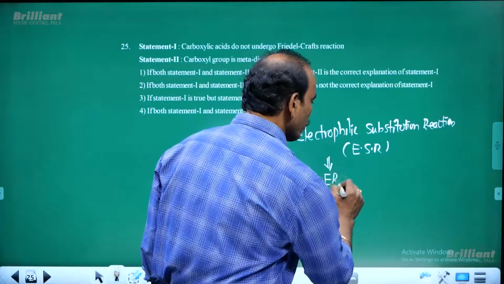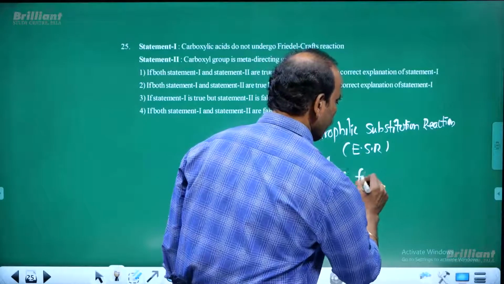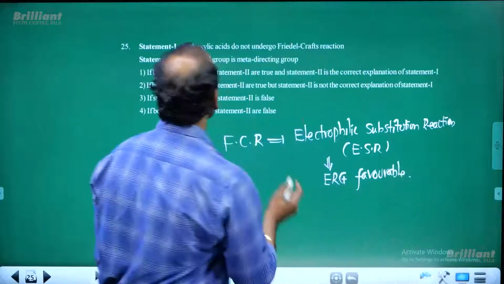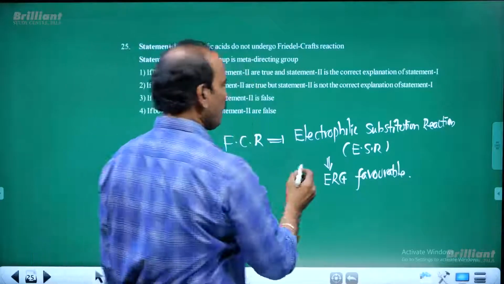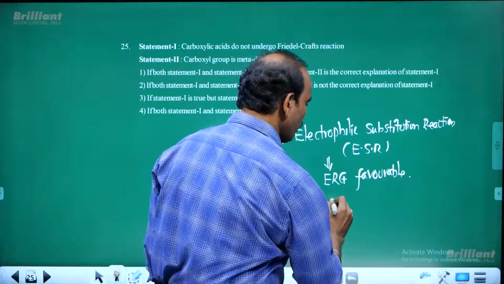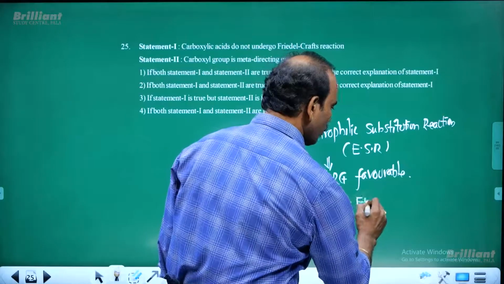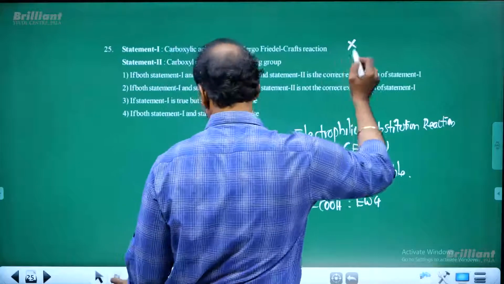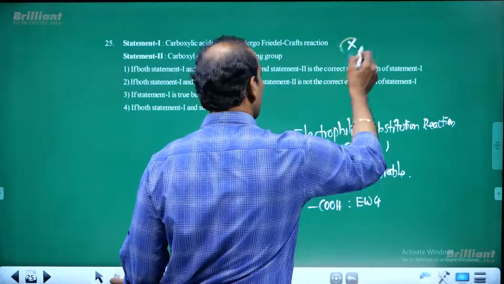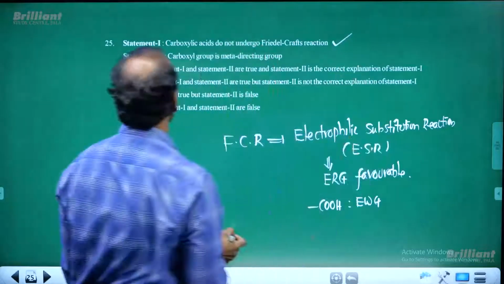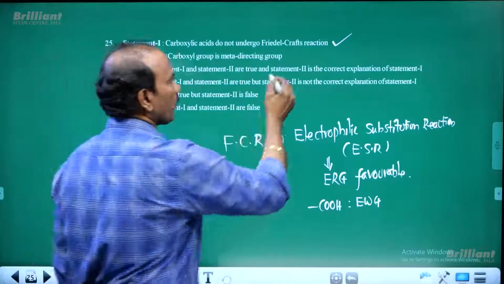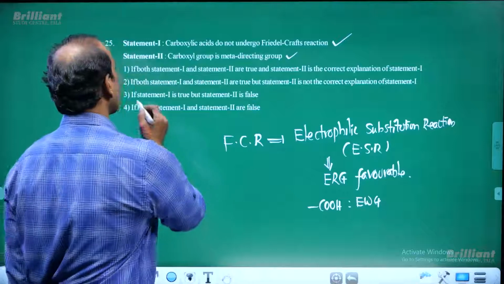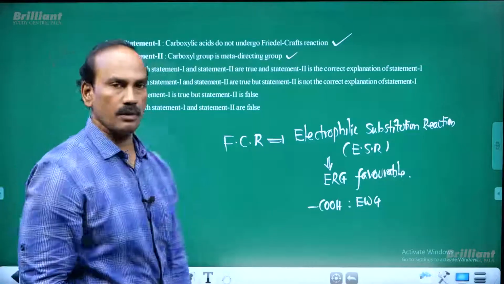Electron releasing groups are favorable. Carboxylic acid is a strong deactivating group. COOH is an electron withdrawing group. So this is not possible. So this is a correct answer. Next one, carboxylic group is a meta-orienting group. This is also correct. But this is not a correct explanation for statement 1. So the answer is 2. Clear?